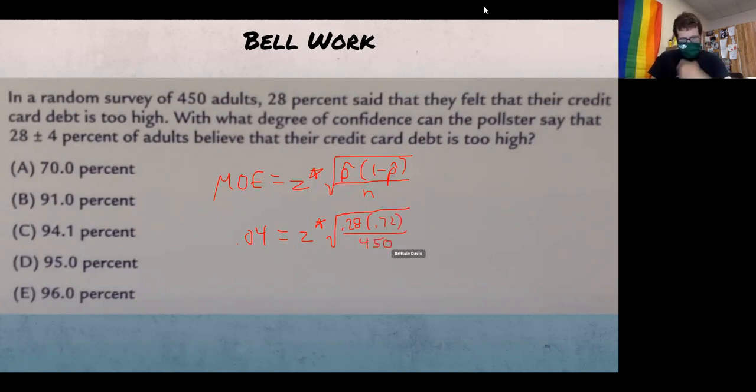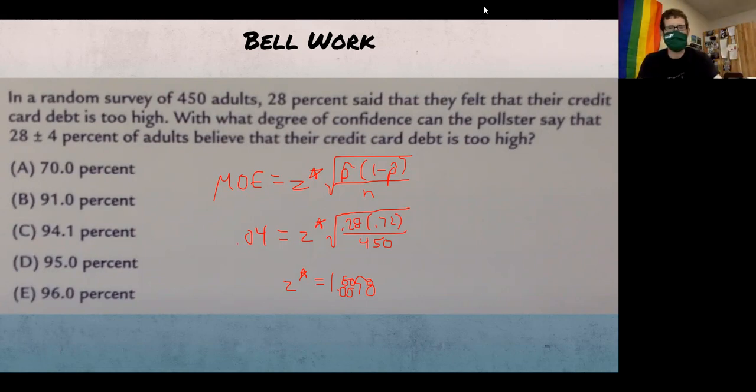So this is all well and good. Now if we go through and solve, we're eventually going to find our z star is 1.8898. And again, that doesn't tell us exactly what our confidence level is, but we can do one of two things here. One of them is a little more challenging.